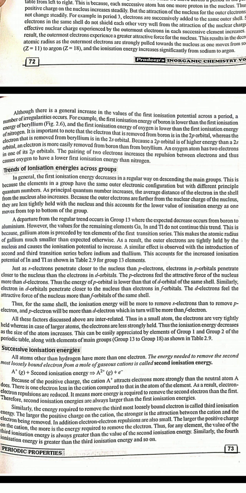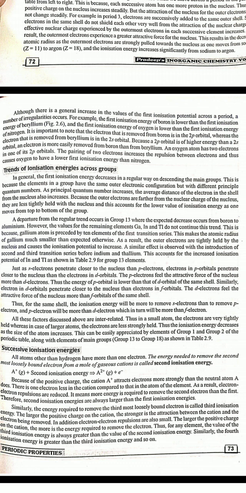The d electrons feel the attractive force of the nucleus more than f electrons of the same shell. Thus, for the same shell, the ionization energy will be more to remove an s electron than a p electron, more for a p electron than a d electron, which in turn will be more than for an f electron.